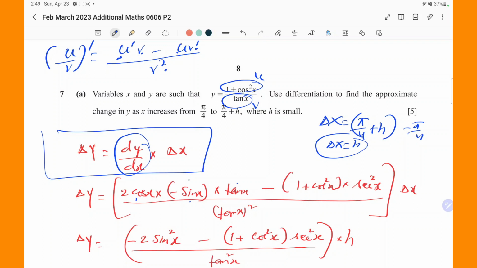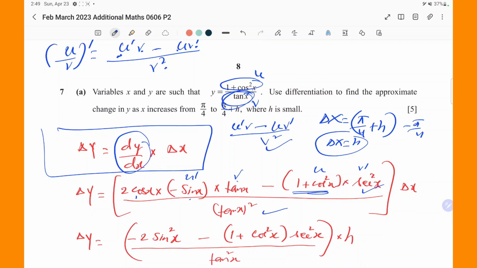So this is u dash and this is v, minus u, which is 1 plus cos square, and v dash. Tan x differentiation is sec square, over tan x whole square, like v square here.